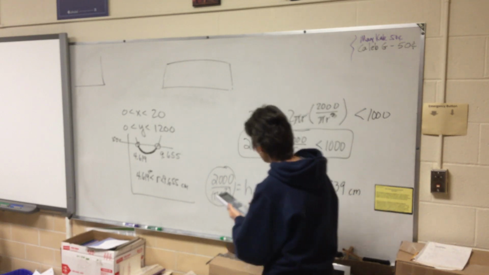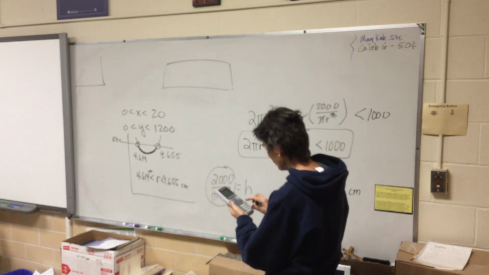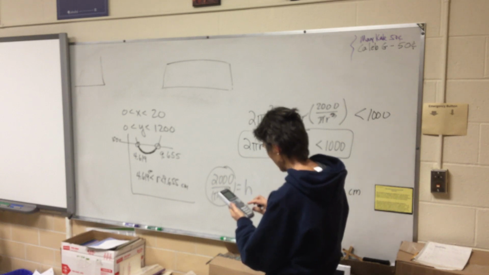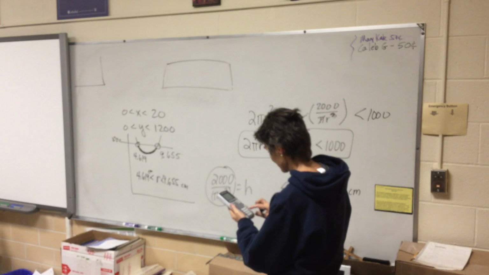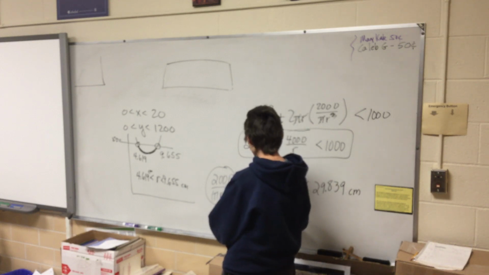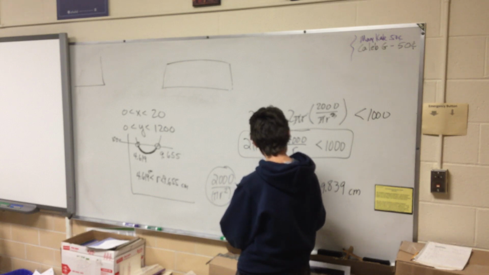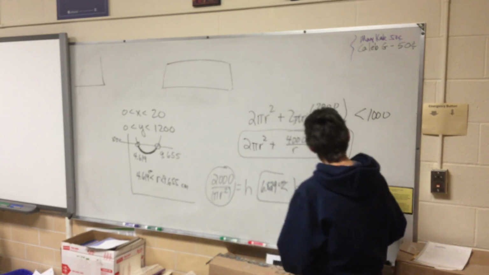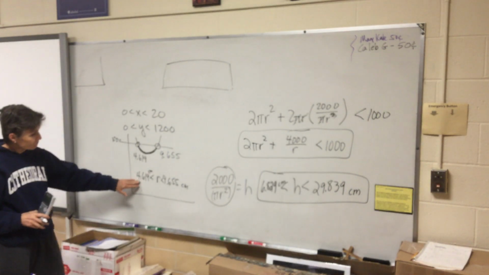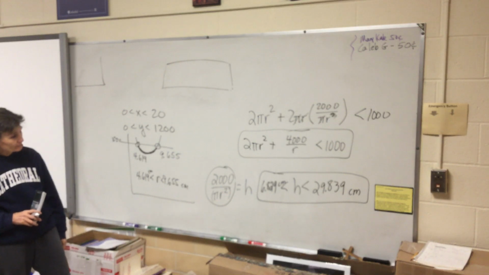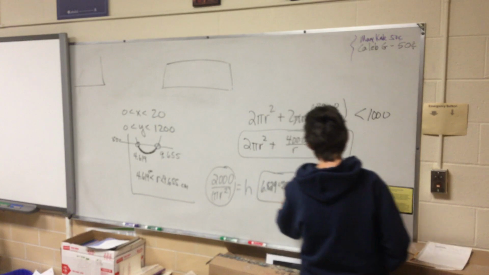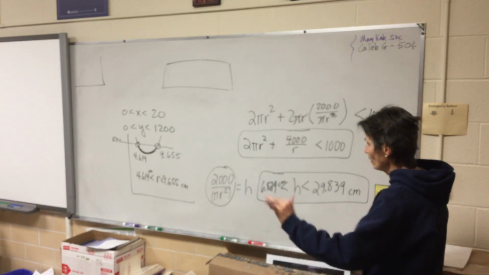I'm going to wait to see if you got the same thing. There's a lot of room for my error here. And the other one I got is 6.829. So the radii range from about 4.5 to 9.5. And the heights range from about 7 to 30, roughly.